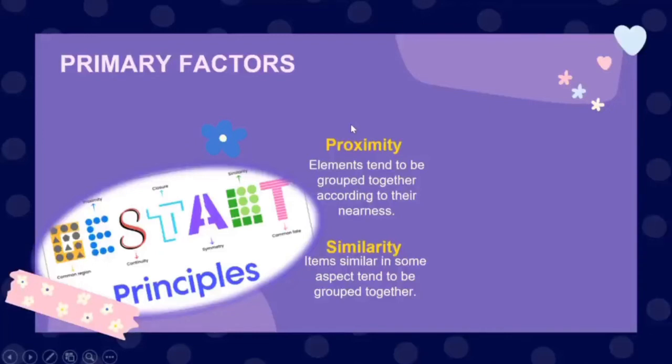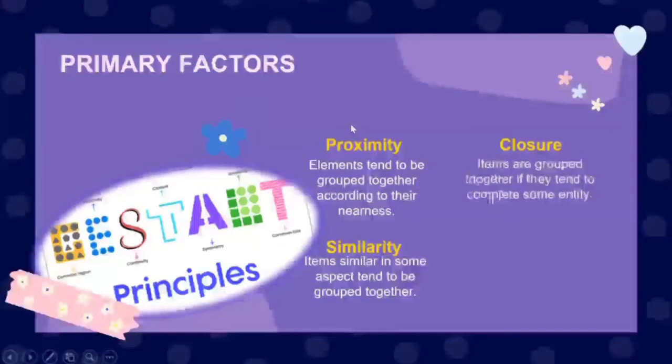So the next one is closure. Items are grouped together if they tend to form some entity. When we look at a complex arrangement of visual elements, we tend to look for single recognizable patterns.